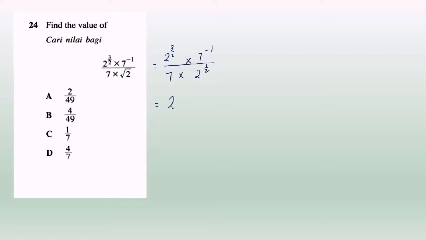So 2 power of 3 over 2 minus 1 over 2 and 7 power of negative 1 minus 1, because this is 7 power of 1. Okay, we can obtain 2 power of 1 times 7 power of negative 2. So it equals 2 over 7 power of 2, equals 2 over 49. So the answer is A.